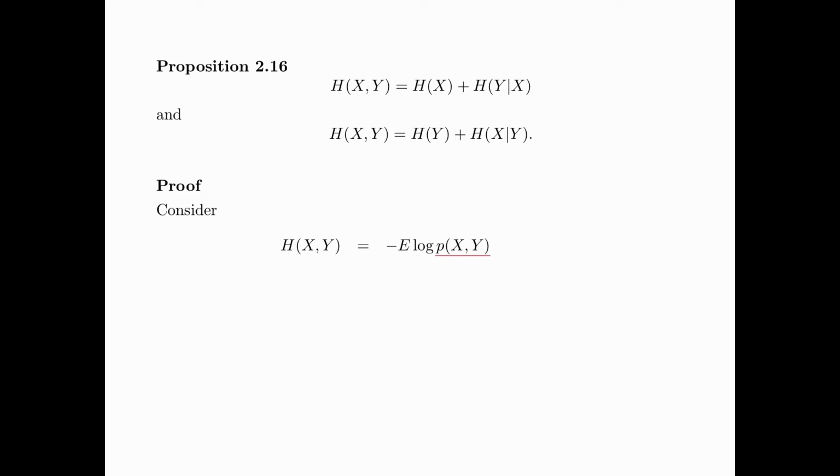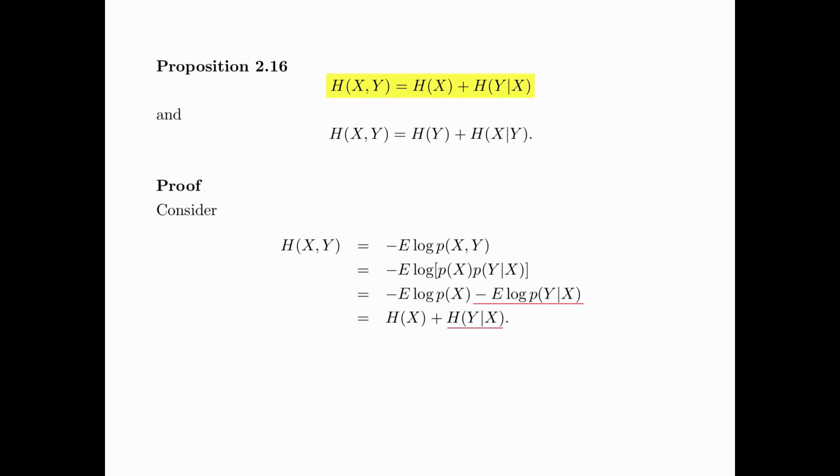Now p(x,y) can be written as p(x) times p(y|x). And then minus expectation of the log of p(x) times p(y|x) is equal to minus the expectation of log p(X) minus expectation of log p(Y|X). The first expectation is equal to H(X), while the second expectation is equal to H(Y|X). This proves the first formula.